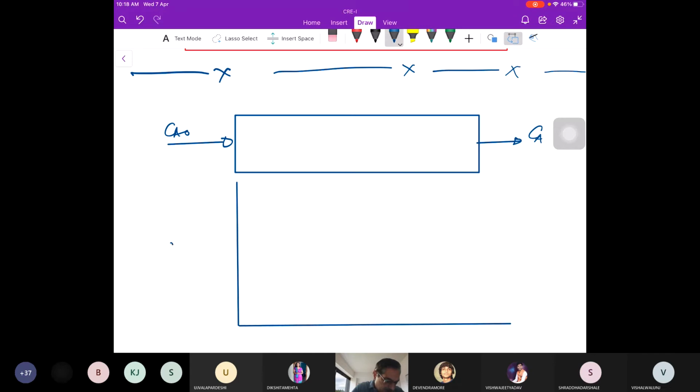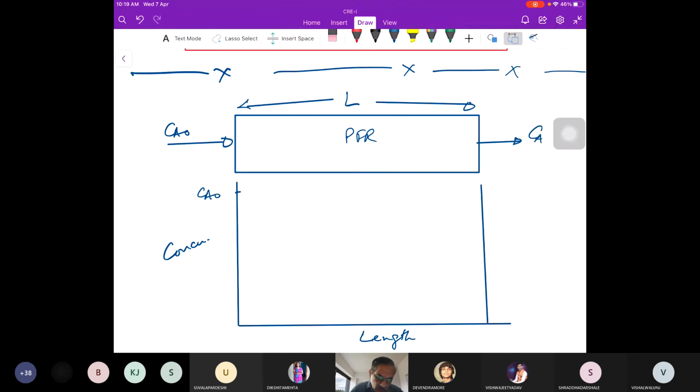If I draw concentration versus length of the reactor, right? This is say L, and this is your PFR. So the inlet concentration is C naught, and say the outlet concentration is CA.